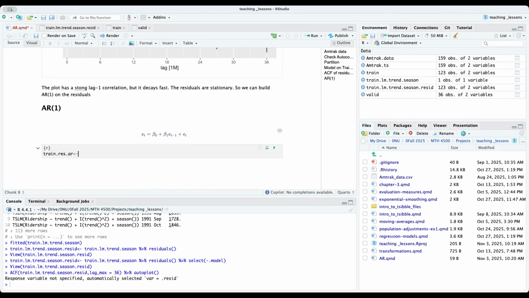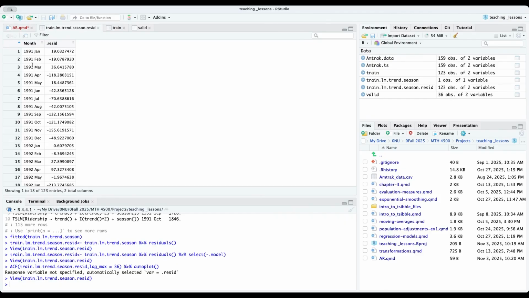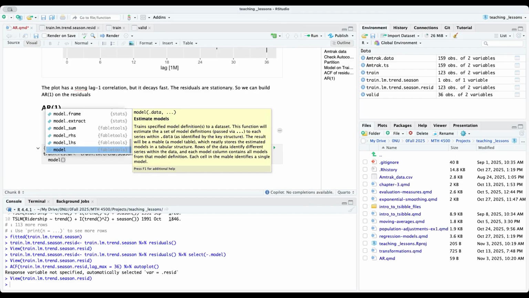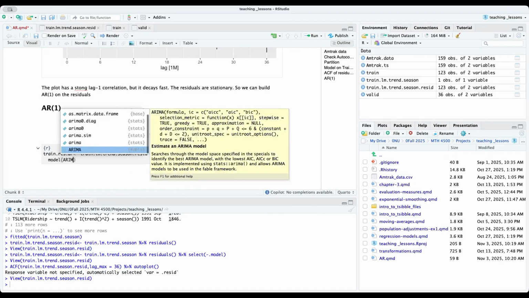Okay. So what data am I going to look at? I'm going to look at my residual data. This is my new data. So it's going to be train.lm residual. And I'm going to model again. The function name is ARIMA.